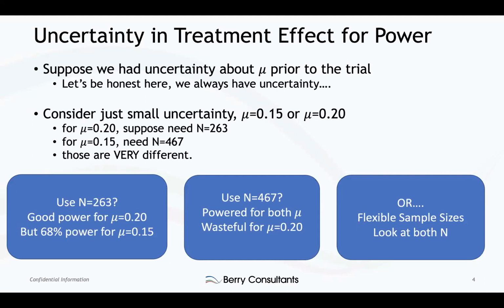So what group sequentials do in this case is they allow for a flexible sample size. I might be able to look around 263 and look around 467 or places in between as well. And so that will let me have a good trial that flexibly sizes where I need it to go.